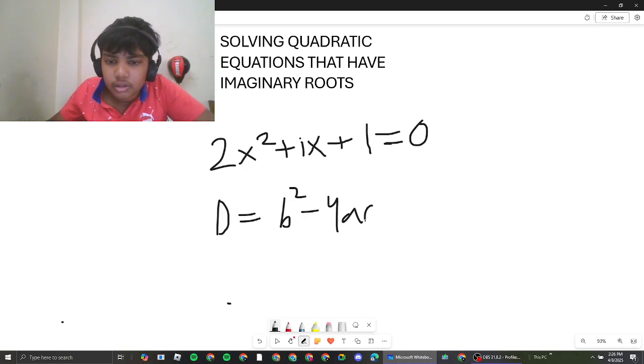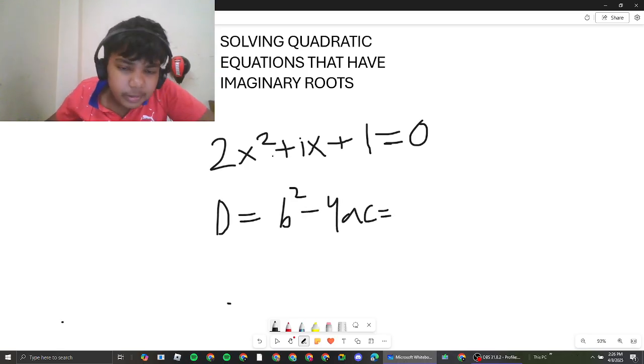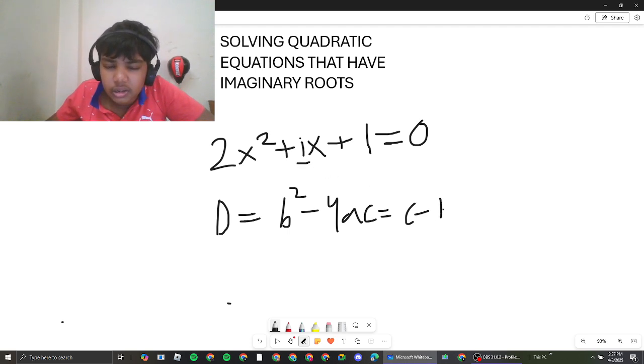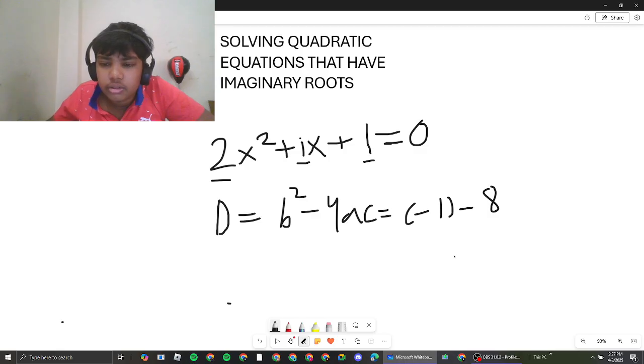I'm sure we learned this. What is b here? b is i. So i squared is negative 1, minus 4 into a and c. 2 into 1 is 2, and 2 into 4 is 8. So this will just be minus 9.